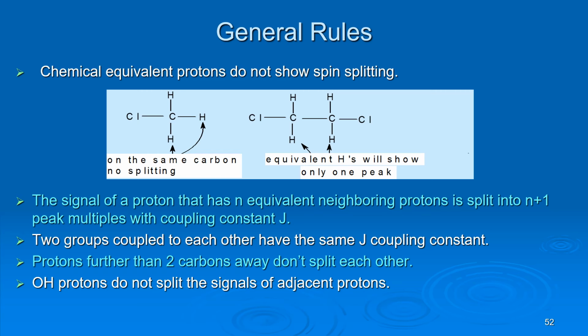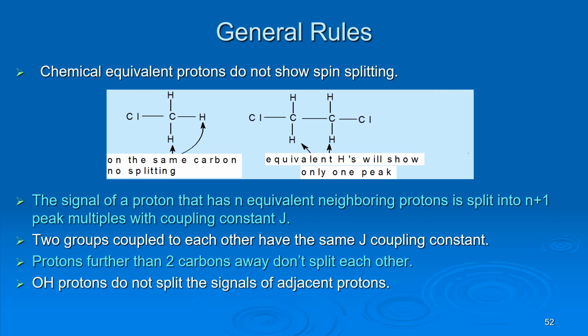And then again, just some reminders: the signal of a proton that has n equivalent neighbors will split into n plus 1 peaks. And it's got a coupling constant J. The J's will be the same between the 2 groups that are coupled together.